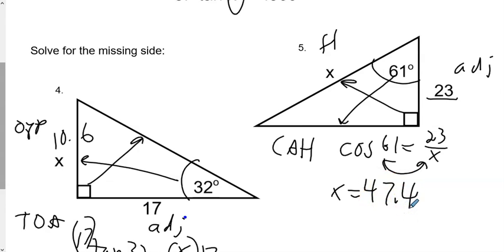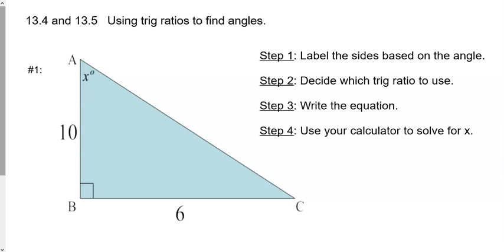Okay? That's a little bit of everything. Now, we're going to use that inverse ratio to solve for the angle. This time we have the side. So here's our angle. What do we have? Well, we have opposite and we have adjacent right next door to it. Notice we do not have the hypotenuse.